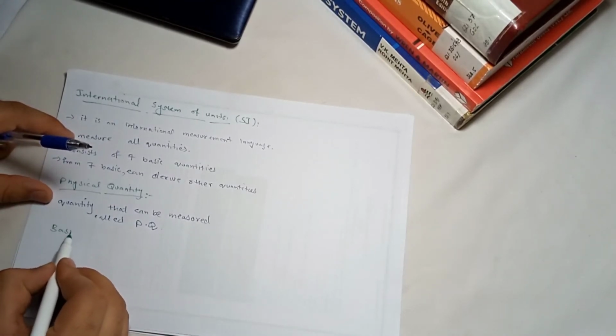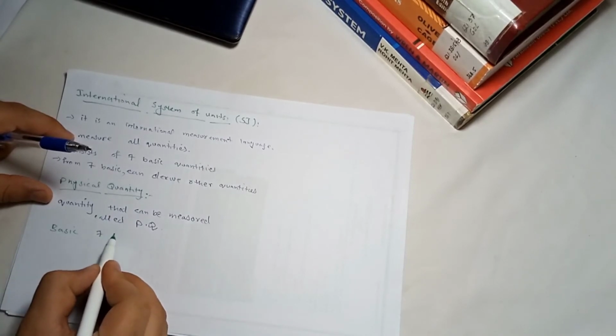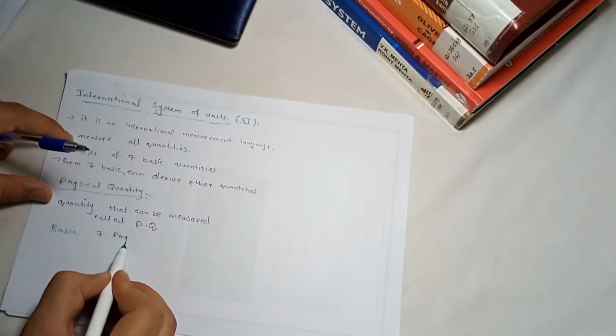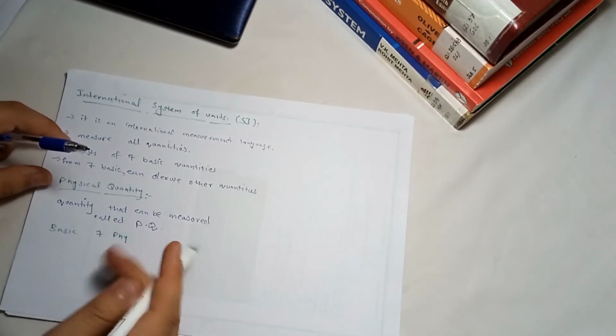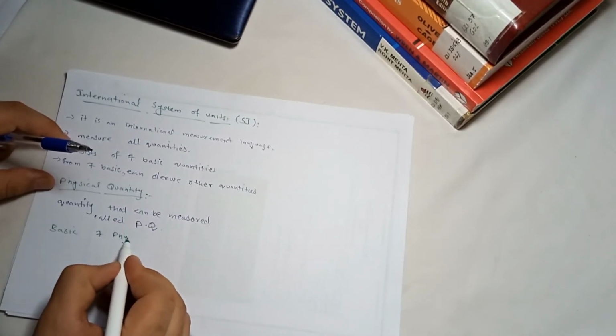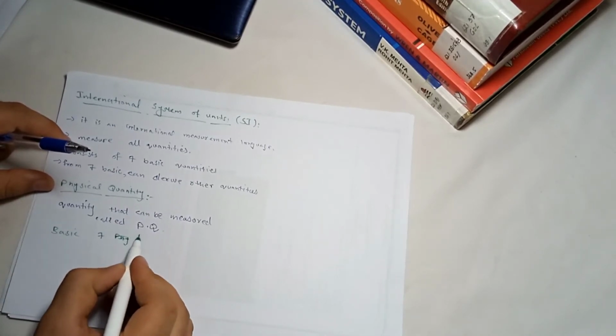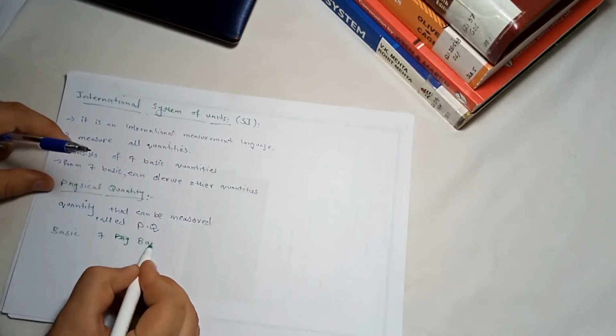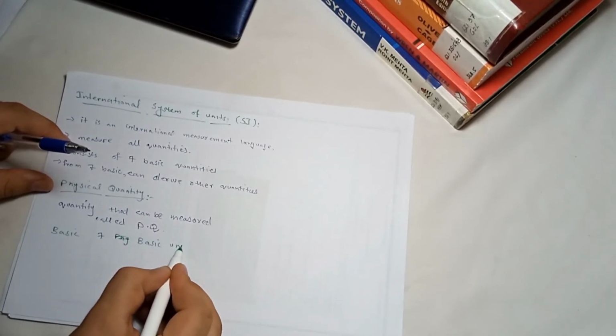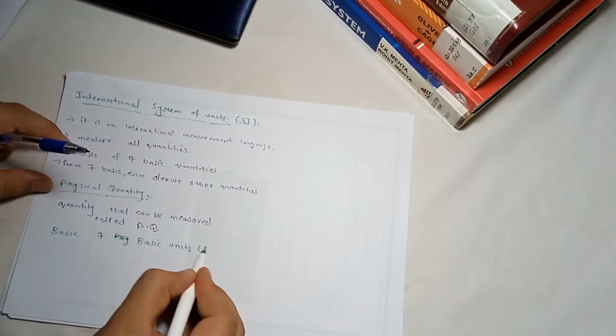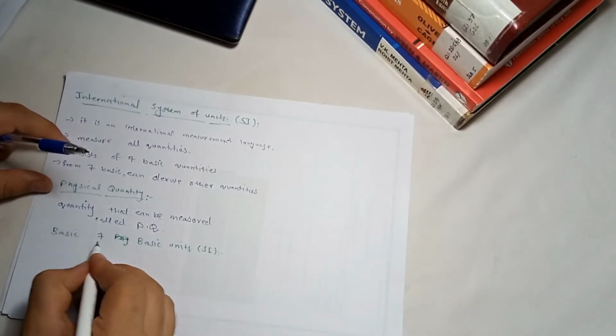Basic 7 physical quantities or the basic 7 physical quantities or basic units. Basic units. There is the SI units. So we will discuss this. The basic SI units.